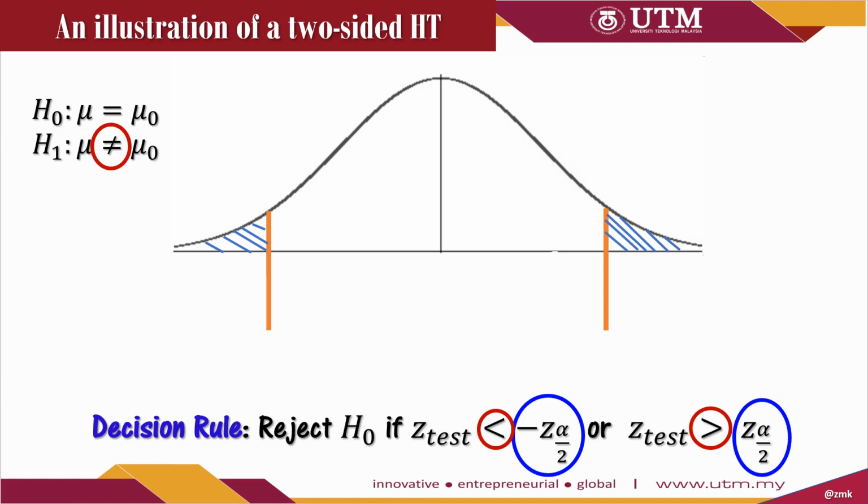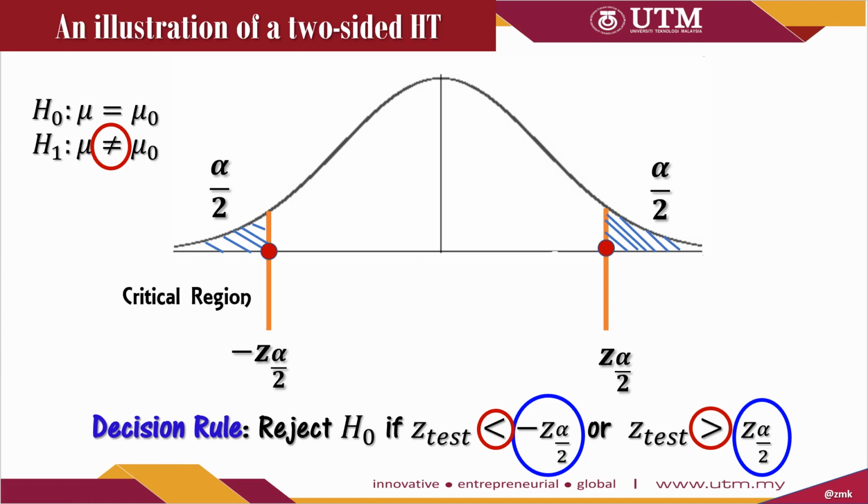You can see alpha over 2 on the left and on the right of the curve shown by the shaded regions under the Z distribution from which the Z test is defined. The two critical values, negative Z alpha over 2 and positive Z alpha over 2, can be shown as the boundary values of critical regions.